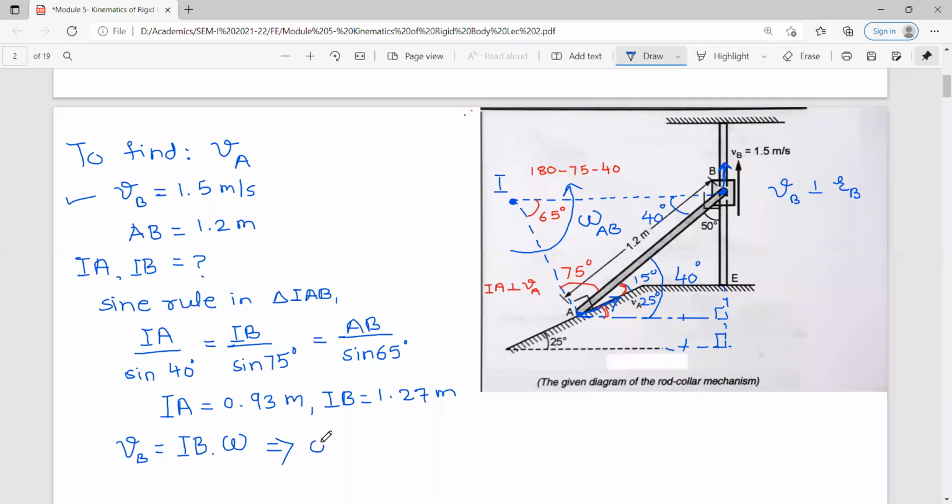I want to calculate omega. So omega will be velocity of B upon IB. Put the values. Velocity of B is given to us as 1.5, and the radius value you just calculated is 1.27 meter.